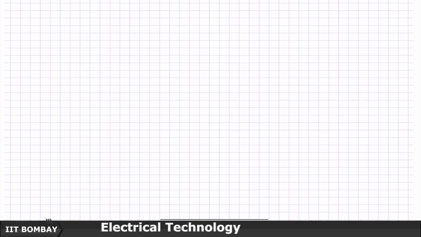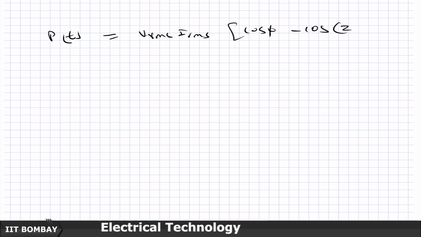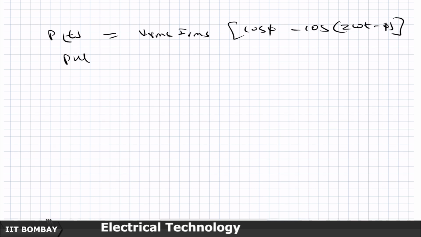So, coming back to this instantaneous power, it is Vrms Irms cos of phi minus Vrms Irms cos of (2 omega t minus phi).